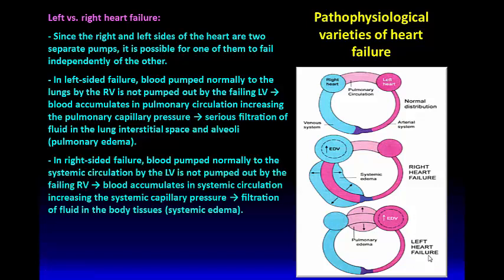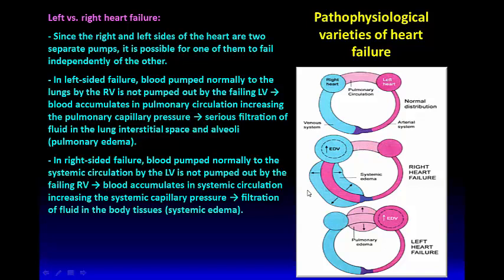On the other hand, in right-sided failure, when the right ventricle fails, blood which is normally pumped by the left ventricle into the systemic circulation and eventually reaching the right ventricle through the superior and inferior vena cava and right atrium, is not pumped out by the right ventricle into the pulmonary circulation.